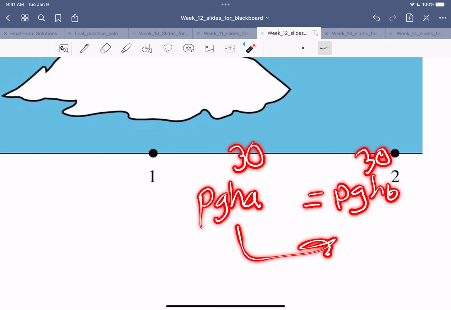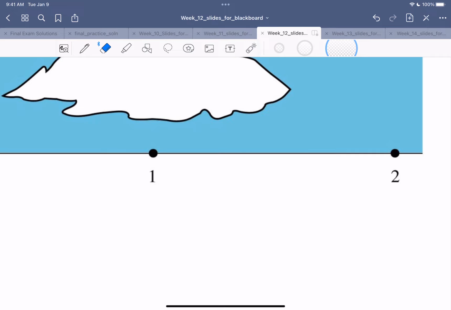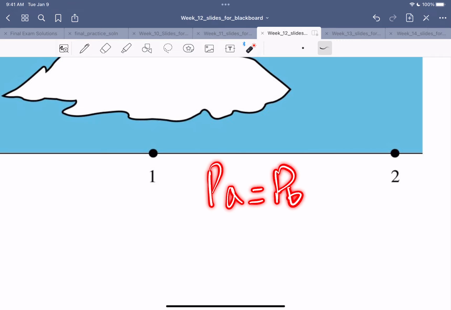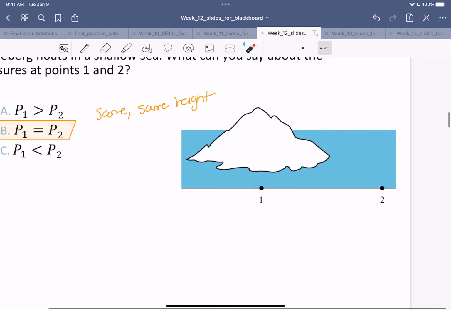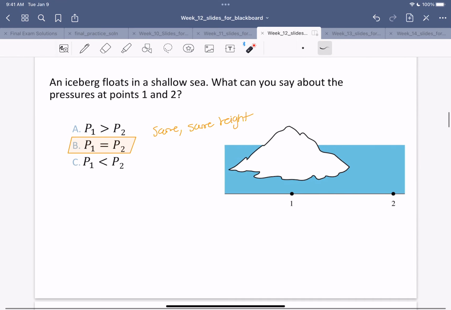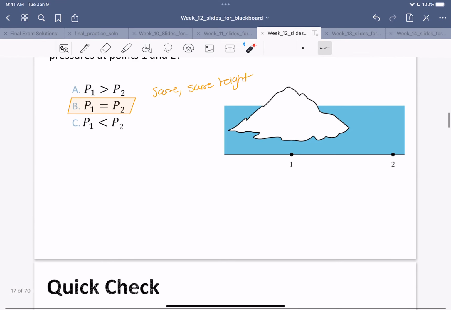If you subtract, 30 minus 30, that's 0. And so you're left with PA is equal to PB, right? So that's how you can look at it from the hydrostatic pressure equation as well. But just know that generally, same fluid, same height, same pressure.